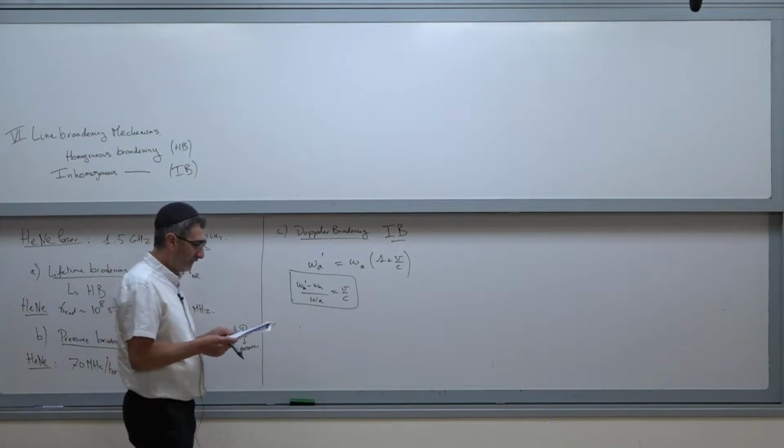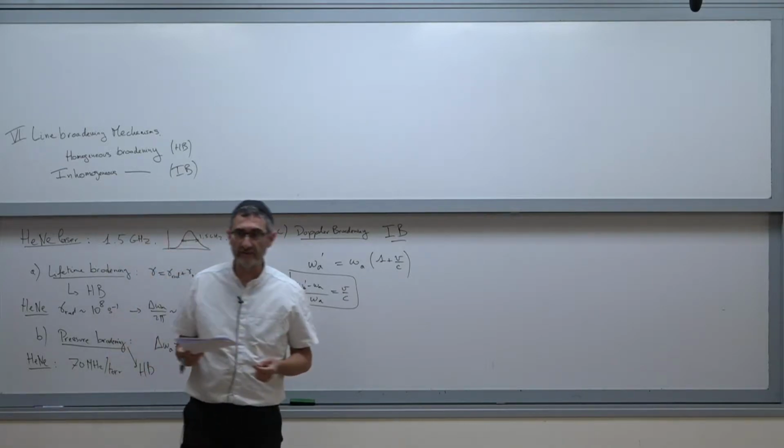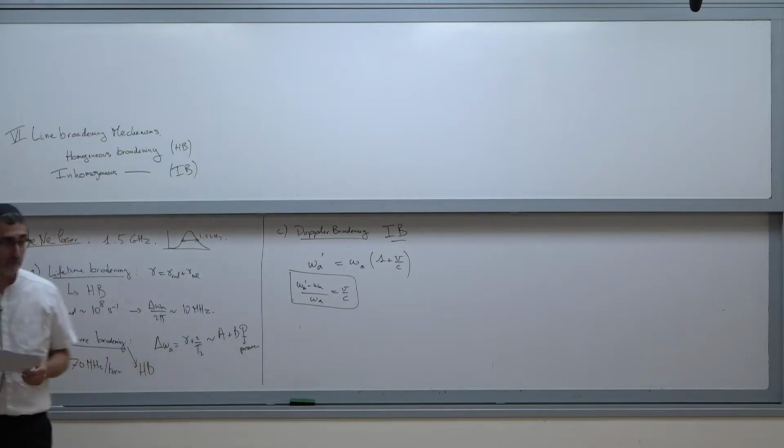And now what we have is a distribution of velocities, because we have a Brownian motion inside the system.